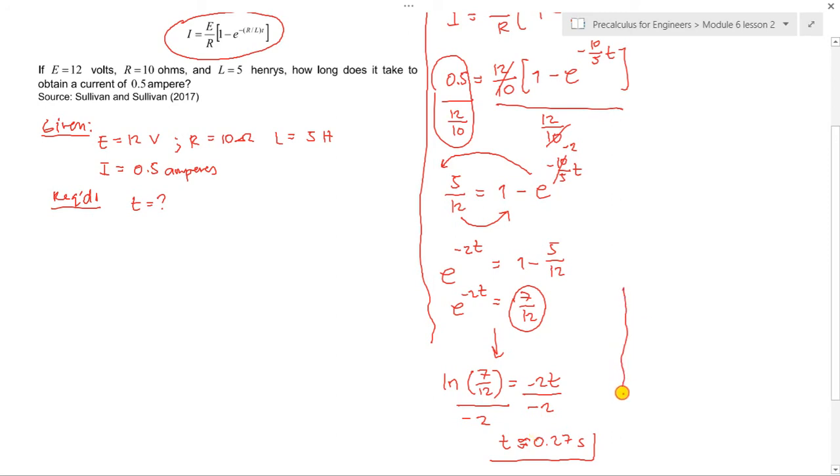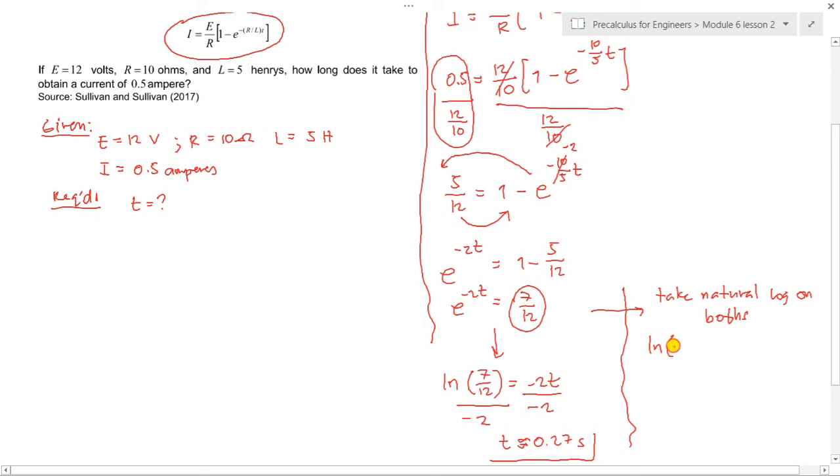Aside from that way of solving, class, you can apply another method. The other method is to take the natural logarithm on both sides. So taking the log on both sides, that is the ln of the left, e to the negative 2t, equal to the ln of the right, 7/12.